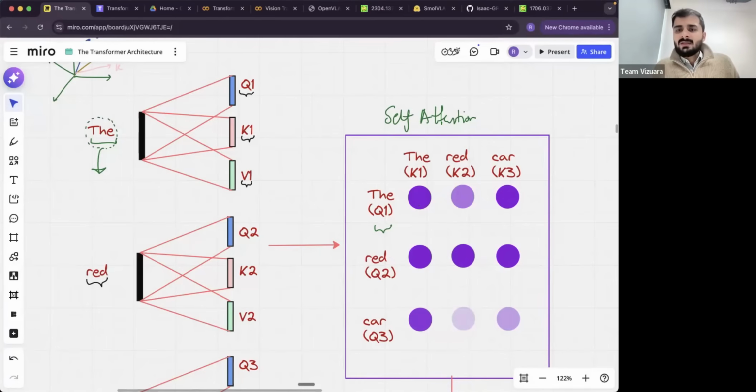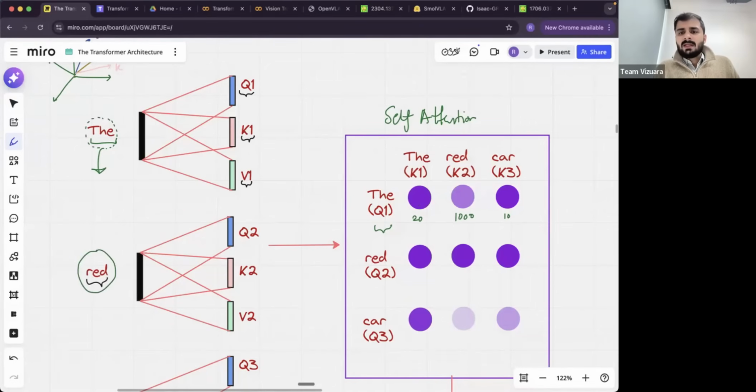So let's imagine that the attention scores are 20, 1000, and 10. What this will do is place my entire focus on this token "red". How will that happen?